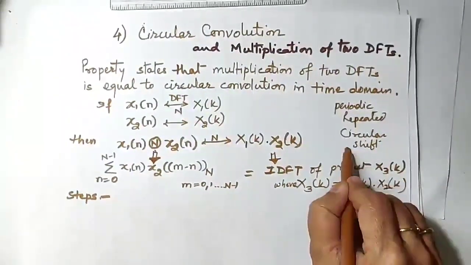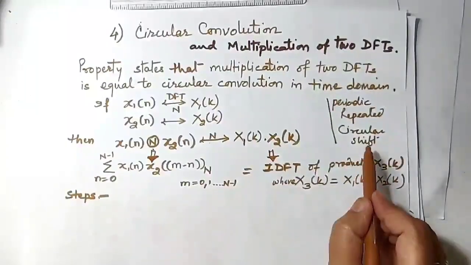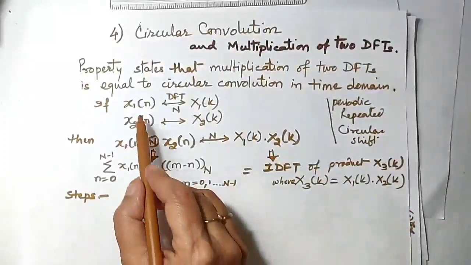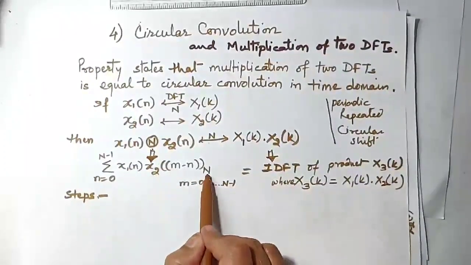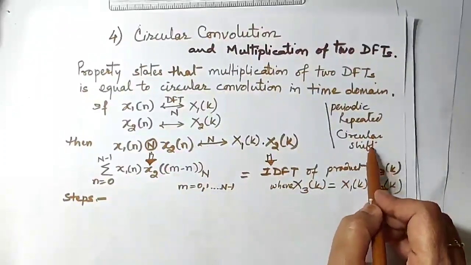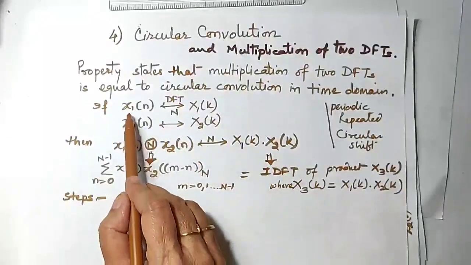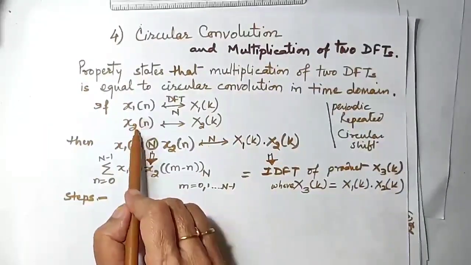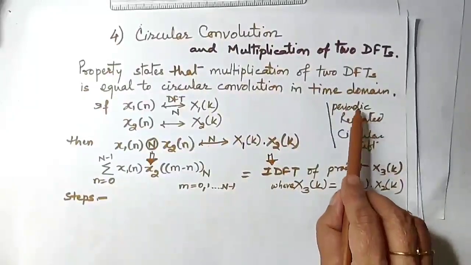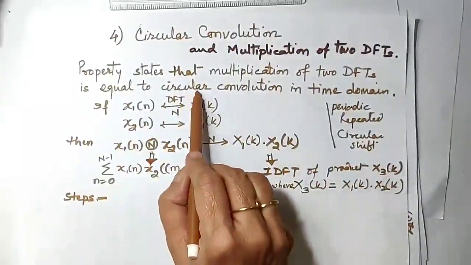And if circular shift is there, then less memory space is required, because we use the same length for x1n and x2n. With the same length, we can have the product of these two sequences, which is not possible with any other multiplication. So it is necessary that these two sequences in the time domain, when periodic, finite length and circular, are convolved in circular convolution.